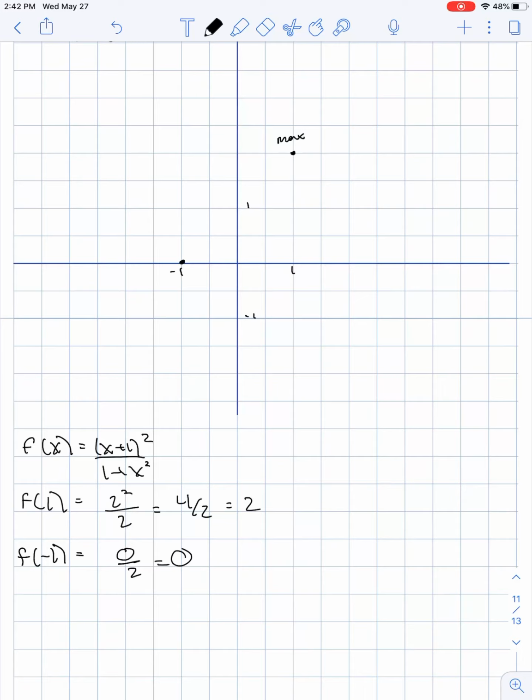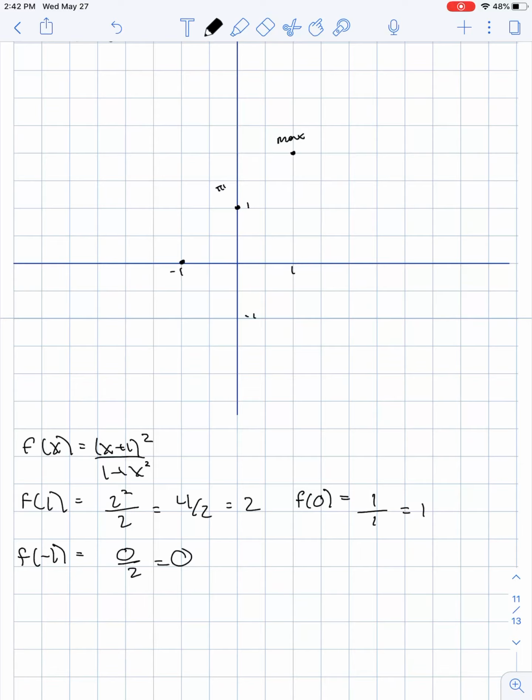And then, what else? Oh, yeah. My inflection points were at 0 and plus or minus square root of 3. So if we plug in 0, I get 1 over 1, which is just 1.